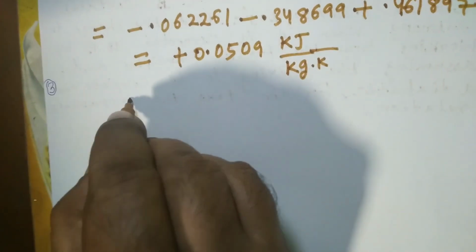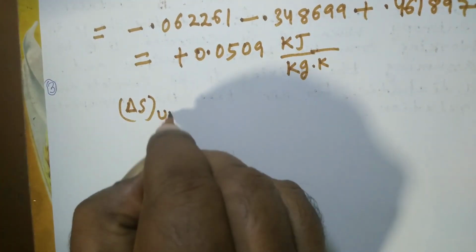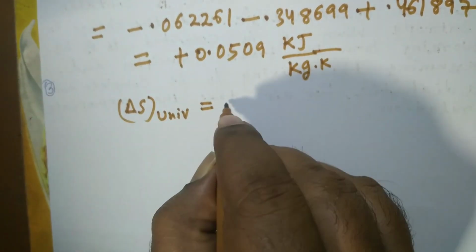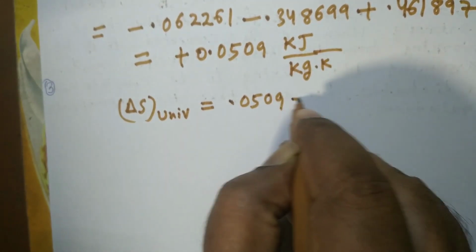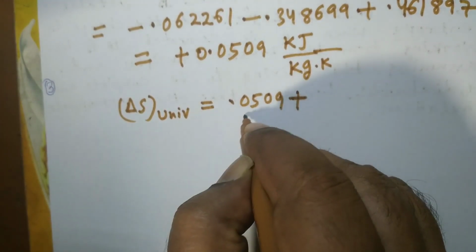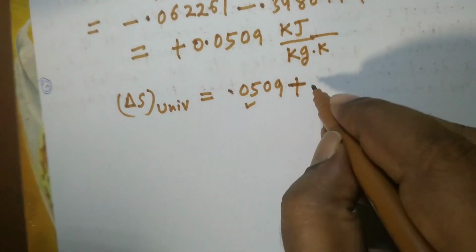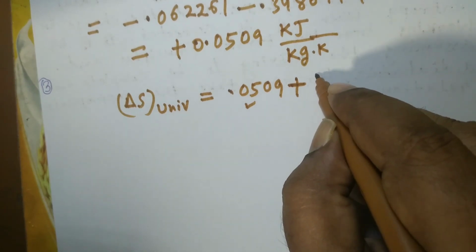So this is delta S of system. So delta S of universe, the change in specific entropy of universe, will be 0.0509, the change in specific entropy of this system, plus we know that delta S of surrounding is 0 because this is an adiabatic machine.